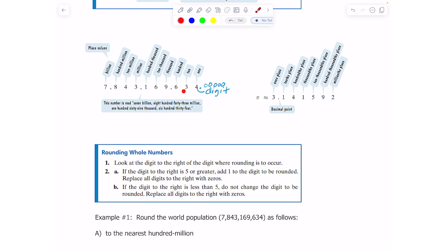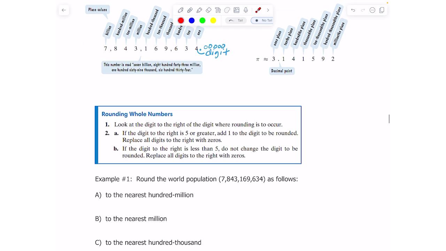That means I'm going to look to the number to the right of it, and that number is going to tell me what I need to do with the 3. If the digit to the right is 5 or greater, you add 1 to the digit to be rounded. So you go up 1. And you replace all the digits to the right with zeros. If the digit to the right is less than 5, you don't change the digit to be rounded. You just leave it the same, and you replace all the digits to the right with zeros.